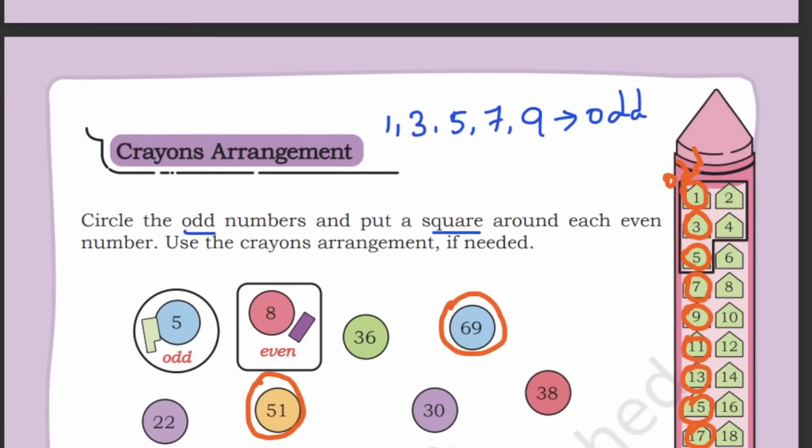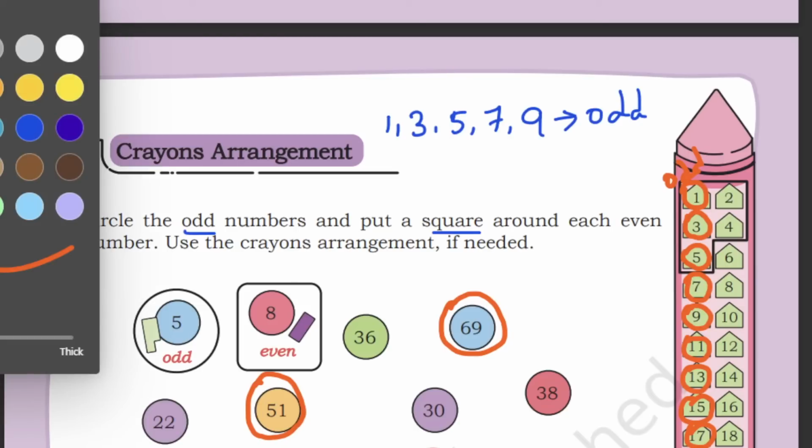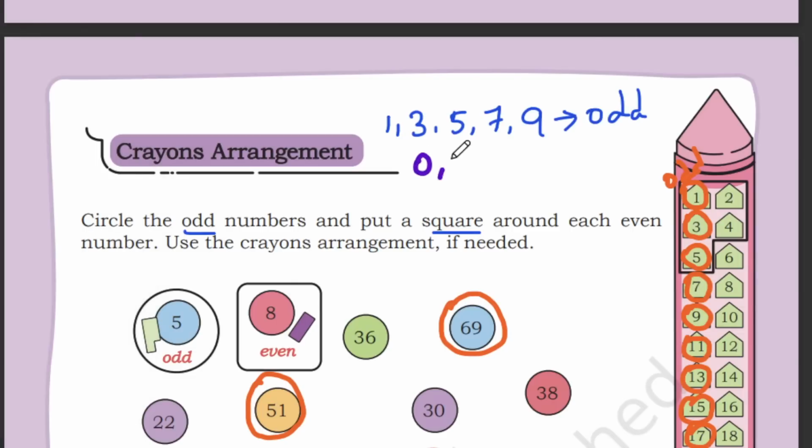Now we will do the even numbers in purple color. We already know what the even numbers are: 0, 2, 4, 6, 8. Numbers ending in these are called even numbers. So we need to square them out.